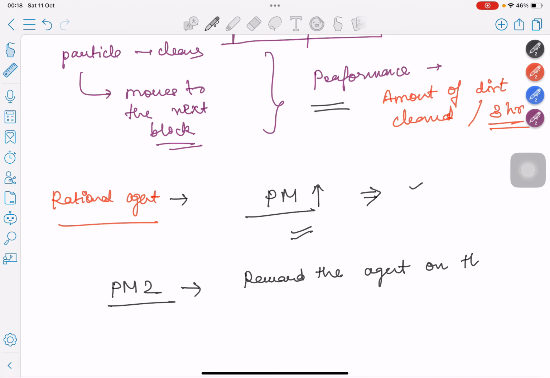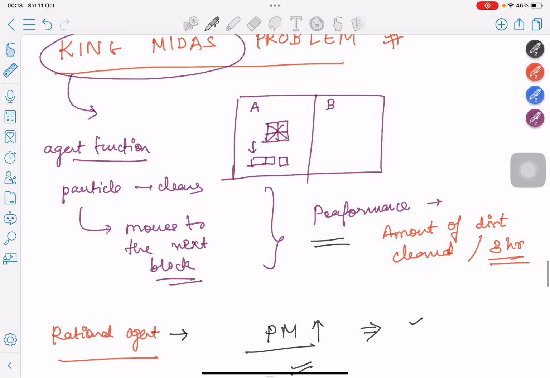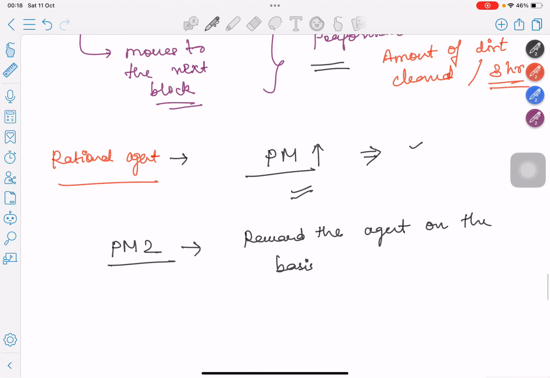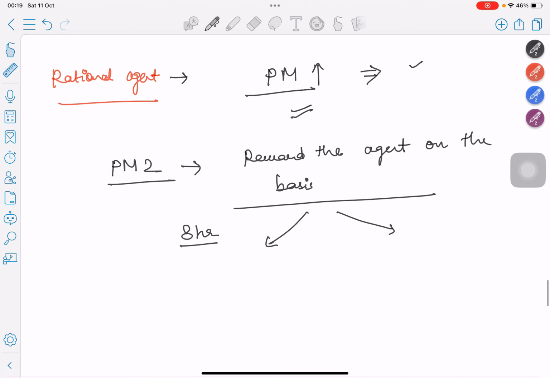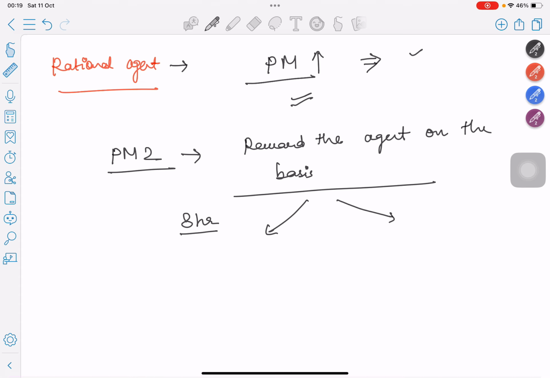If the agent cleans a particular floor, then I can reward the agent. But again, there is a catch in this. Let's say the agent has to do 8 hours of work. What it can do is very mediocre work throughout the 8 hours: mediocre work in the first hour, then in the second hour, then in the third hour, and so on up to the 8 hours.